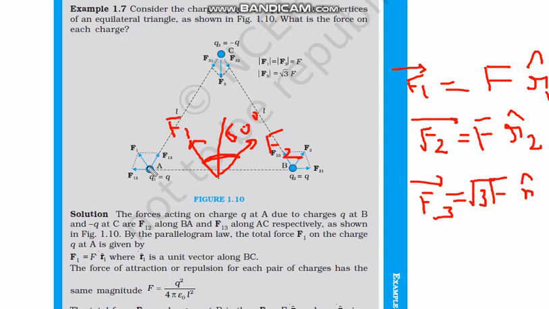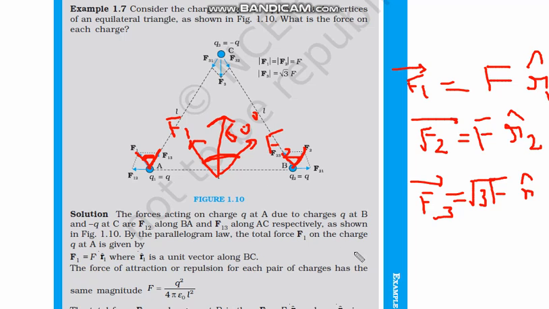How? This is parallel to this, and this is parallel to this, and a few minutes back we had calculated that this angle is 60 degree. So the angle between F1 and F2 is 60 degree.